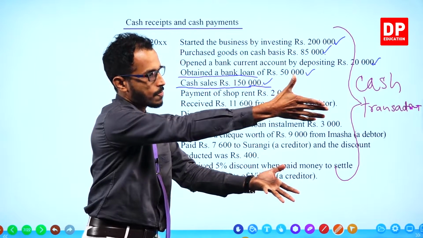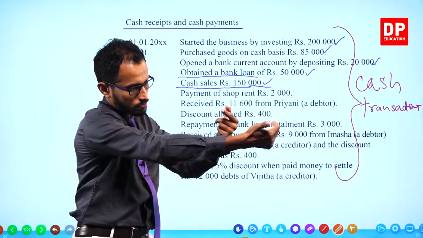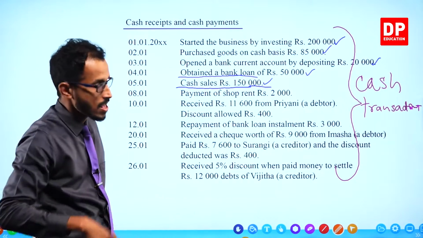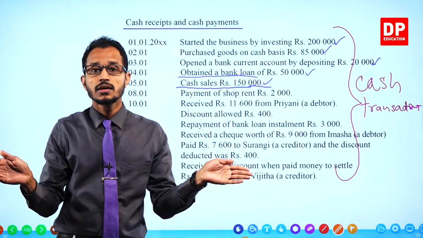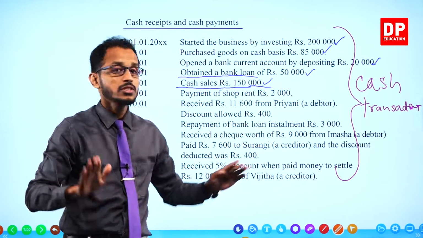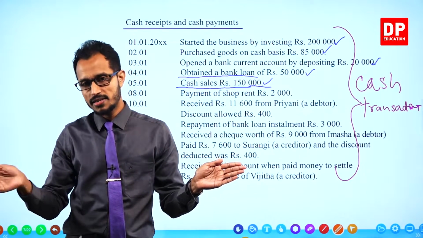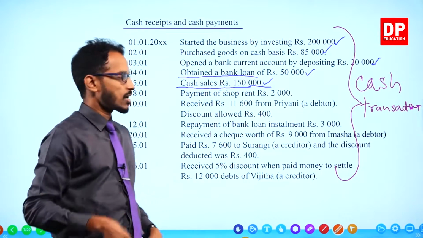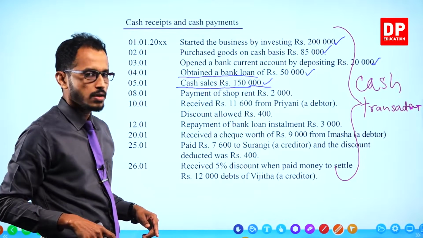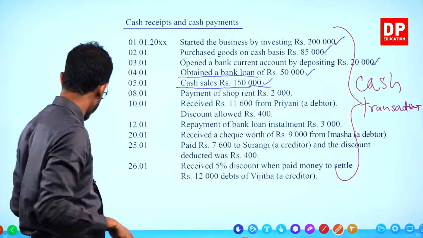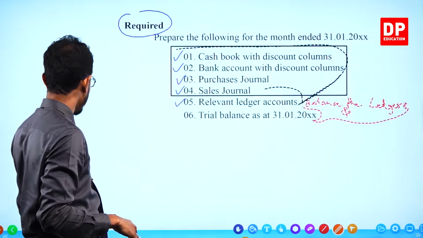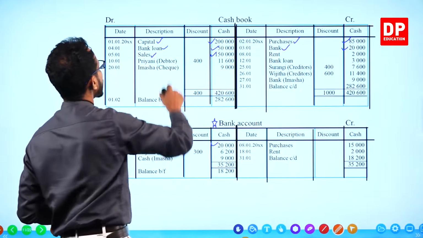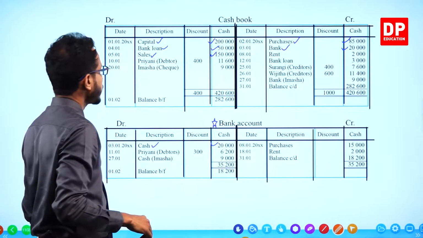Here you go, that is 150,000 for the goods. So money comes in. Cash book, you should put this 150,000. Debit. Cash book debit 150. Credit to sales account. Cash sales 150. Debit to cash book 150. Credit to sales account.